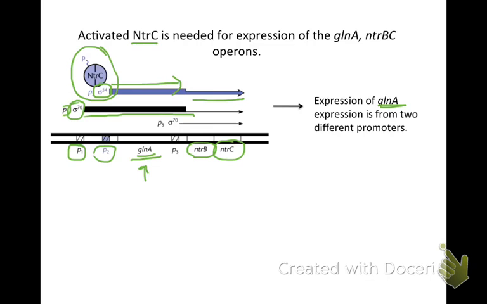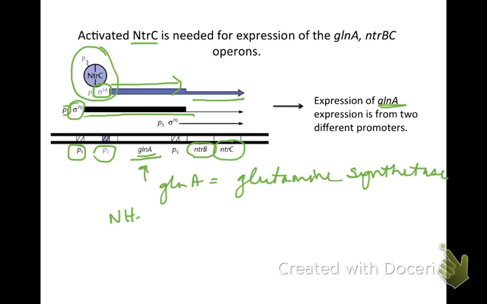Well, this is a glutamine synthetase. And it is directly involved then in converting the ammonia that the cell is bringing in via the transporter that we saw on the previous slide.